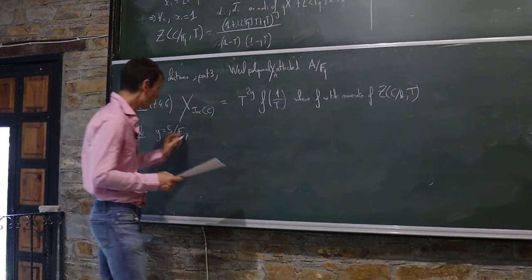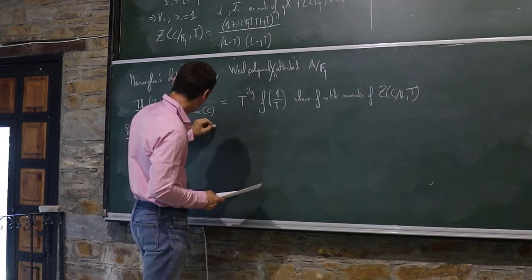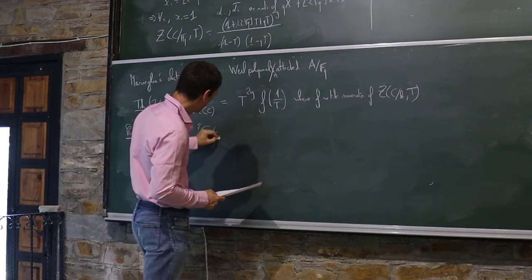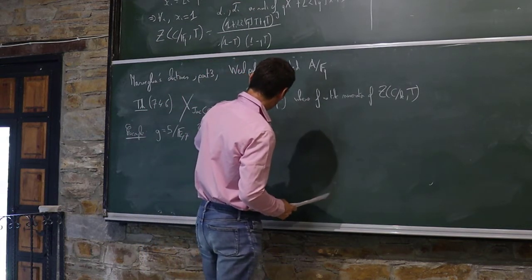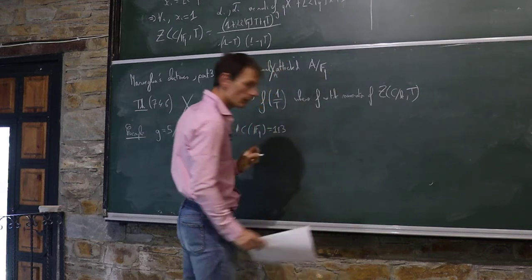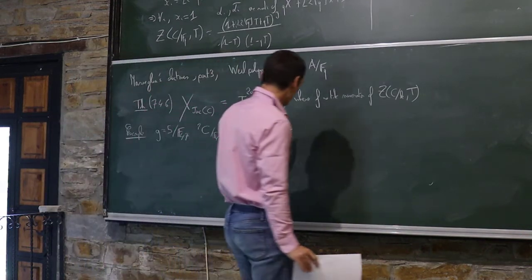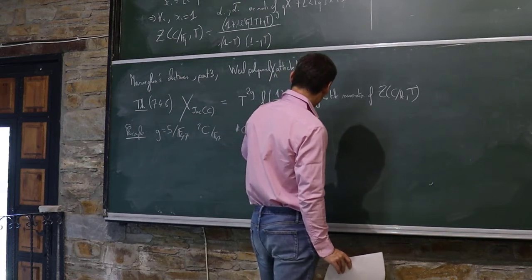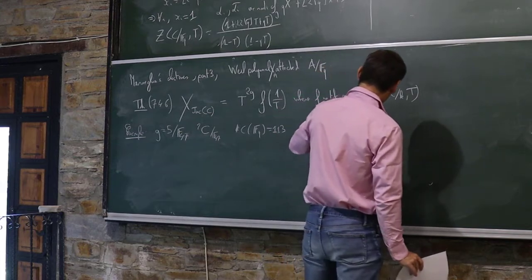Okay? And we wanted to know if there is a curve C over F47 such that the number of rational points is 113. And we have seen in the previous lectures that this number corresponds exactly to the case where C reaches the Hasse-Weil-Serre bound.